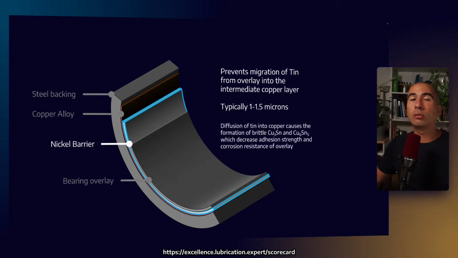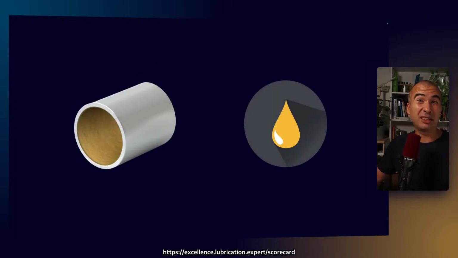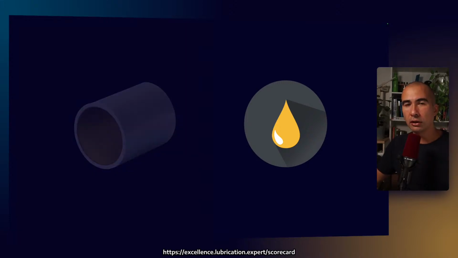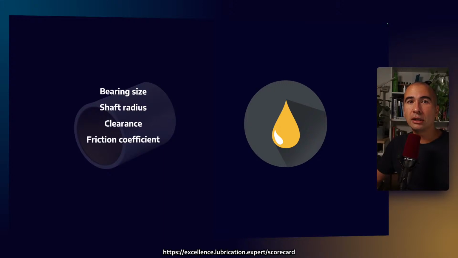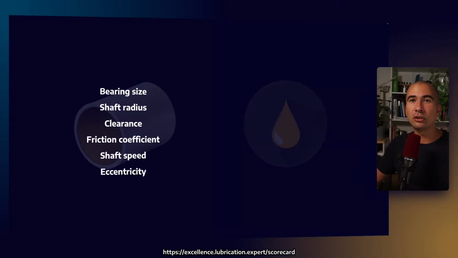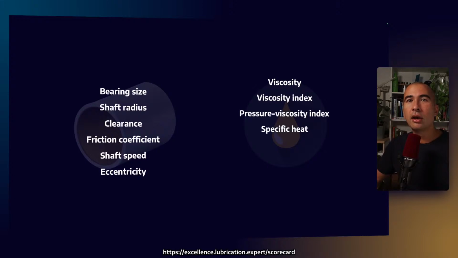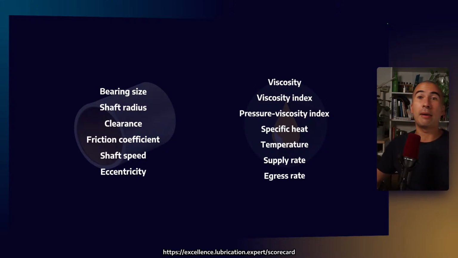Now, when we are lubricating these and we have to make decisions over what kind of lubricant to use, there's all sorts of factors that go into it. On the bearing design side, we've got the bearing size, radius, clearance, the friction coefficient, the speed, the eccentricity. And on the oil side, we need to decide things like the viscosity, the VI, pressure viscosity coefficient, temperature, the supply rate, how fast is the lubricant leaving.